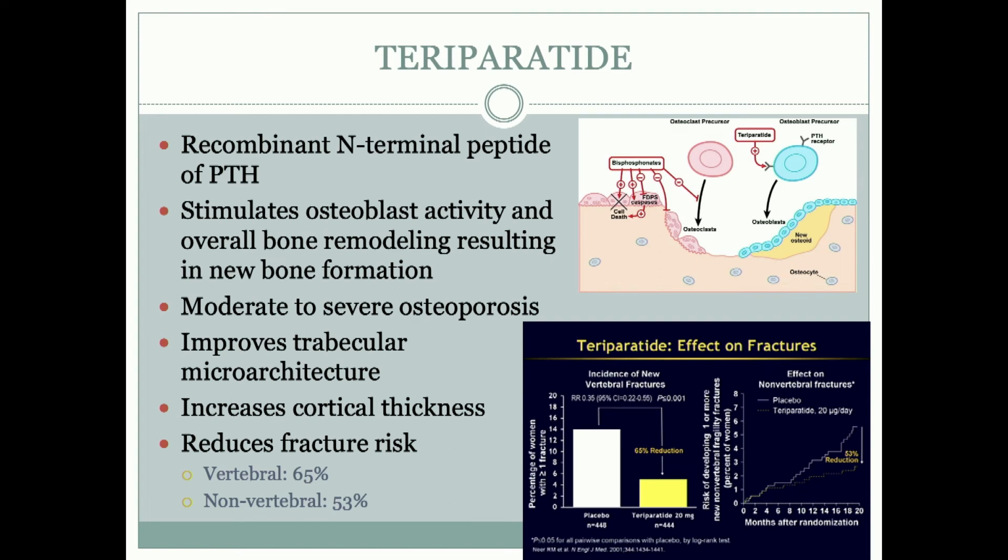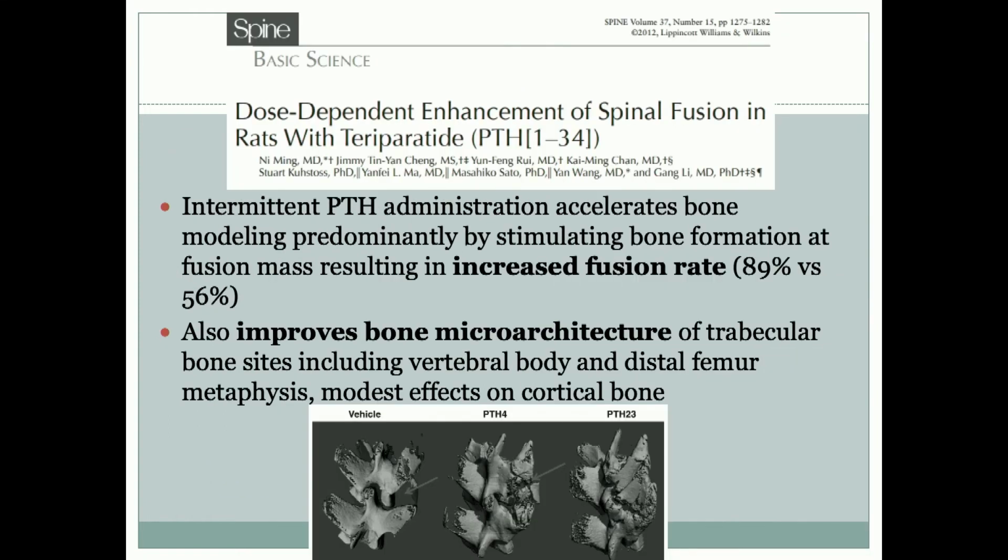So it really affects both pathways. It's indicated for moderate to severe osteoporosis, and histologically, it's been shown to improve the microarchitecture and the cortical thickness. Similarly, it reduces fractures in both the hip and the spine.